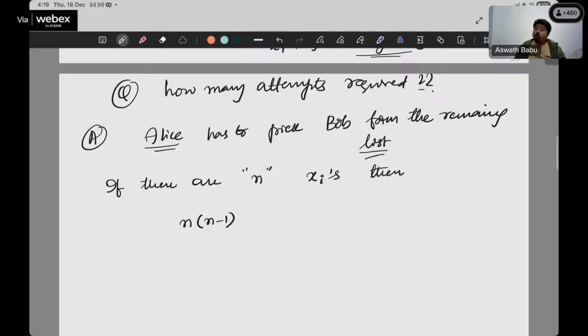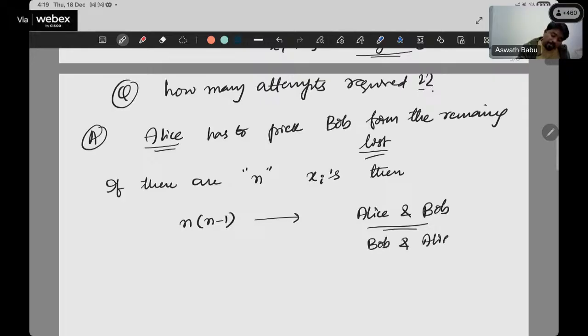But the thing is, this many attempts are required to pick the Alice and Bob pair. Remember one thing: the Bob and Alice pair is also the same as the Alice and Bob pair. So I would need n into n minus 1 divided by 2 attempts, because the permutation Alice and Bob is the same as Bob and Alice.